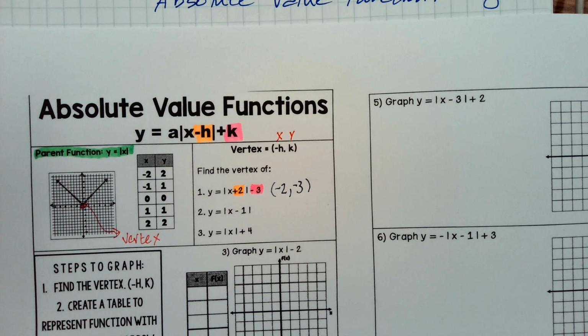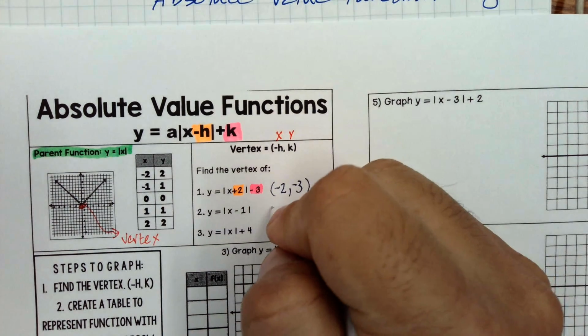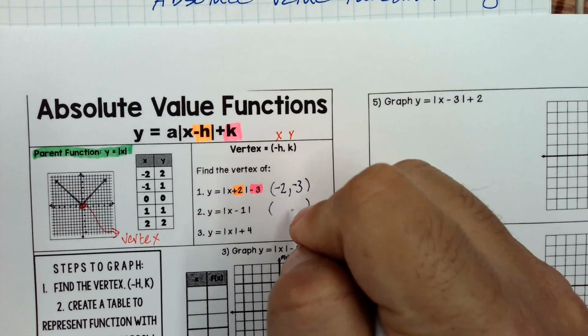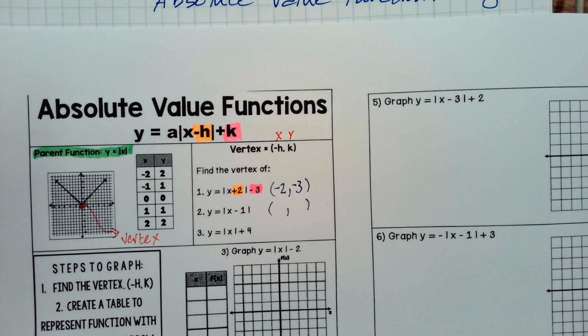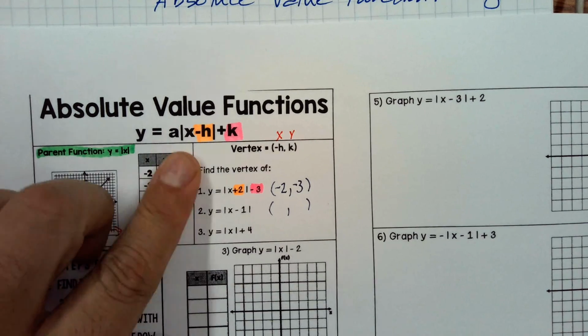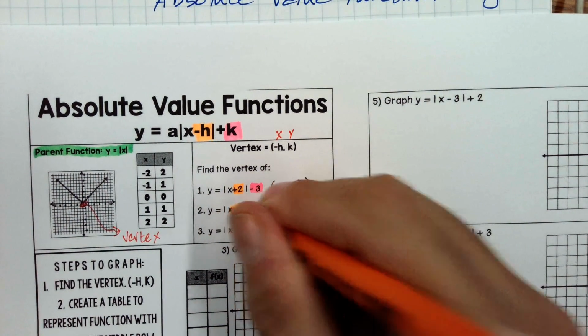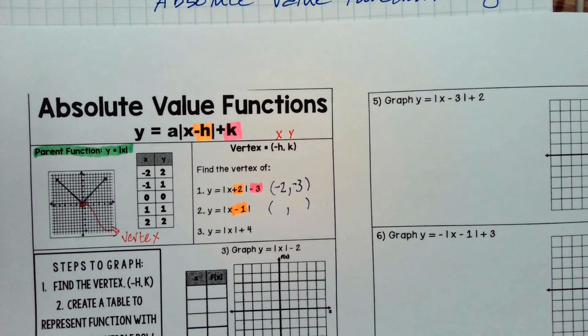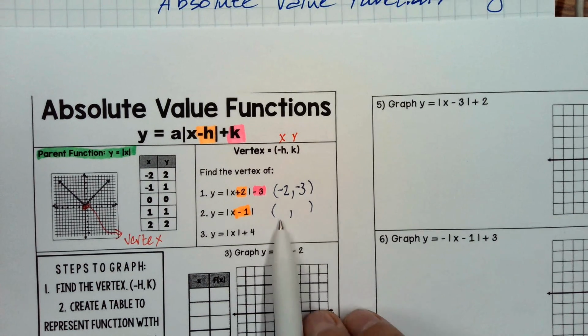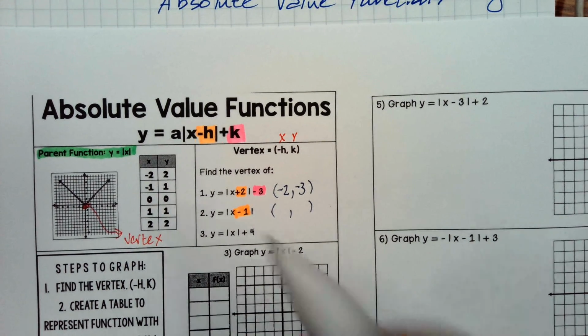So let's find some more. Let's find the vertex for this one. Again, we're going to start with the h value. Our h value is negative 1, but we want the opposite of that. So what number would go here? 1.